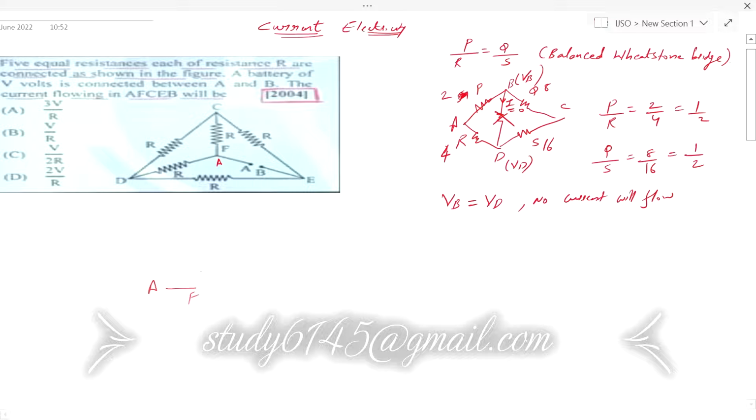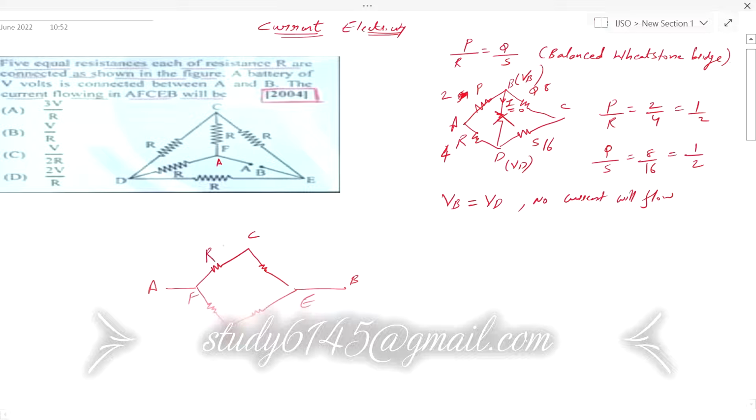A to F, clear. Then it will be C, D, and E. And then over here it will be B. So what is the resistance between C and F?